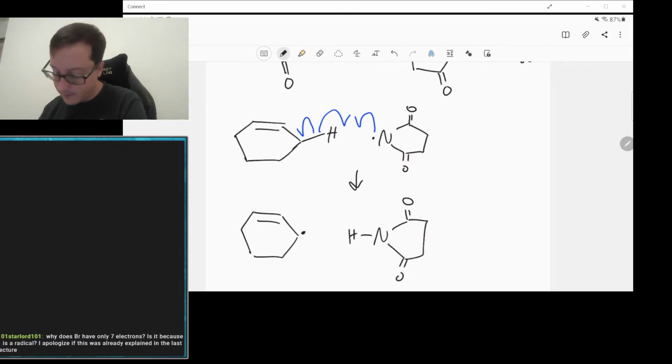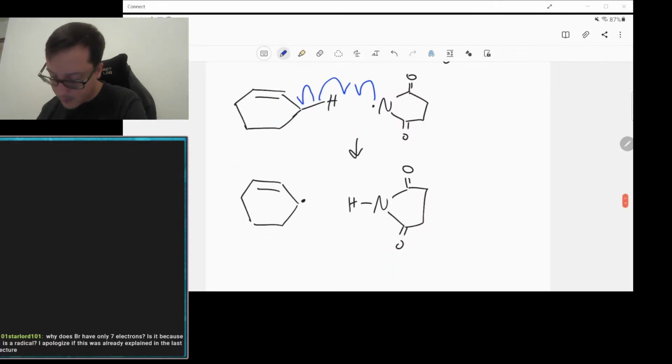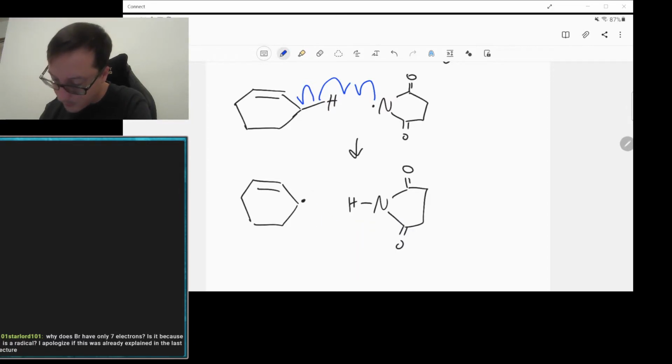This radical now, we'll see our dear friend the bromine and can couple with it. Or it can see other, actually we'll say NBS. We'll see another NBS molecule because we want to do a propagation really. We don't want to couple this right away.